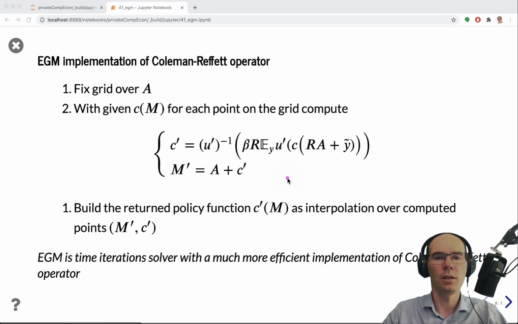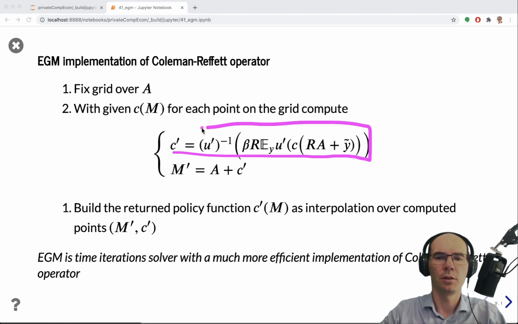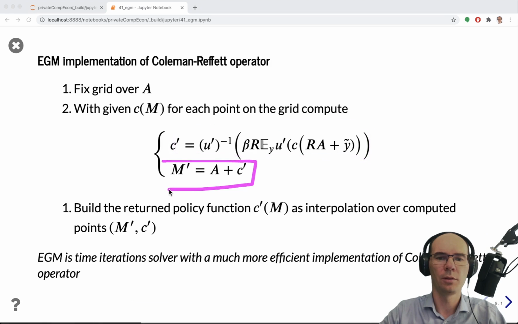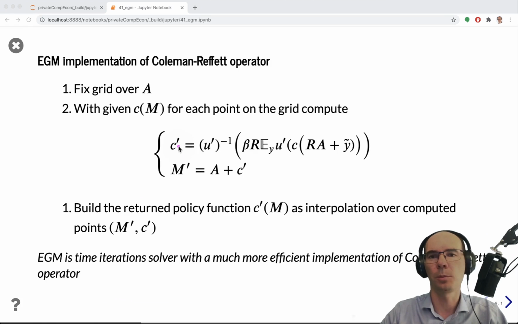And as you can see, we're just going through a grid of A's, and we're computing these two quantities. There is no root finding. There are no iterations. For every point on the grid of A, we compute these two quantities and combine them together to recognize that they define points in some function, and then we can interpolate that function.